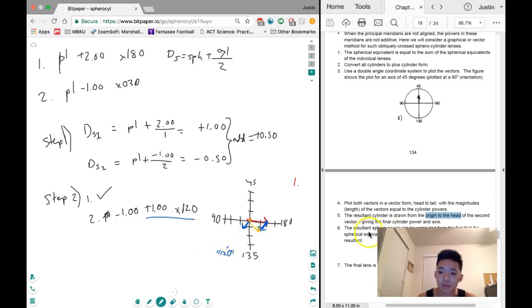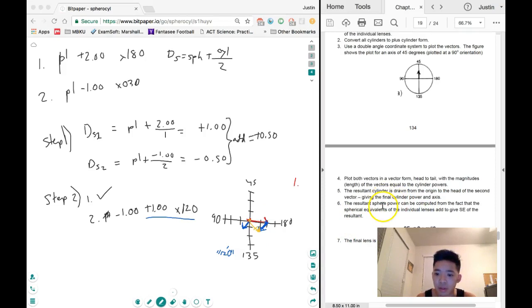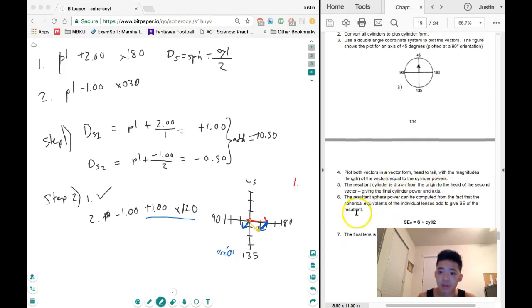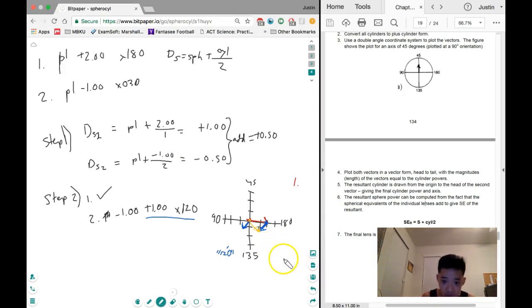So the resultant gives the final cylinder power and axis, so it's all about estimation. The final cylinder looks to be about 160, right? Because it's pointing over here-ish, 160-ish.